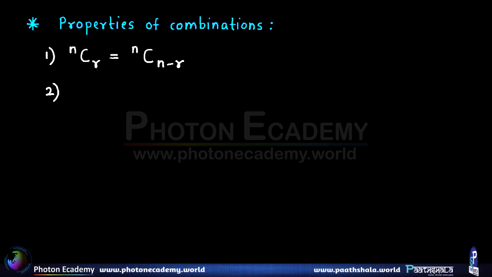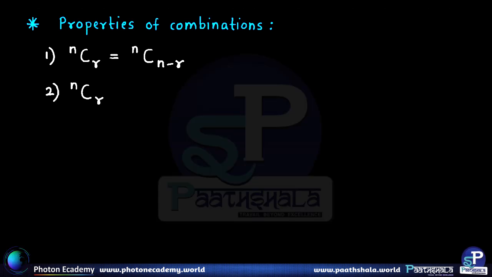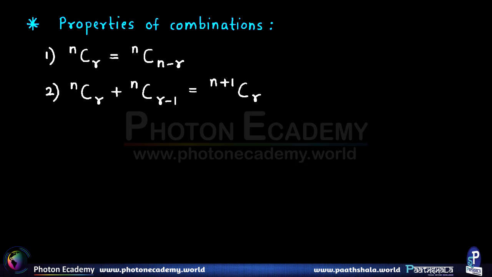Now moving ahead, we have another very important property, that is nCr plus nC(r minus 1) is equal to (n plus 1)Cr. So this is another useful property of combinations.